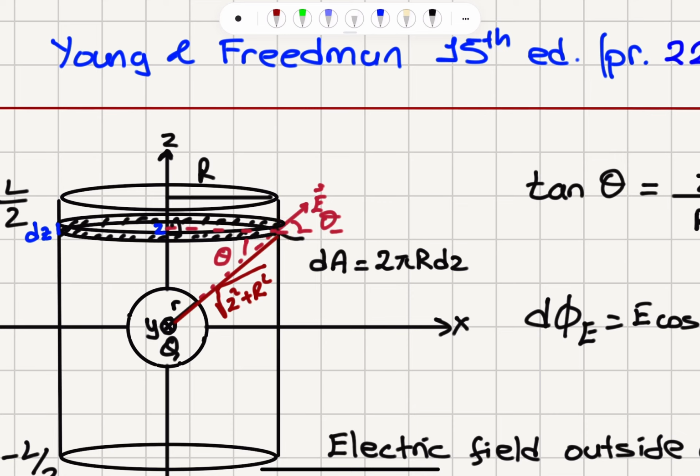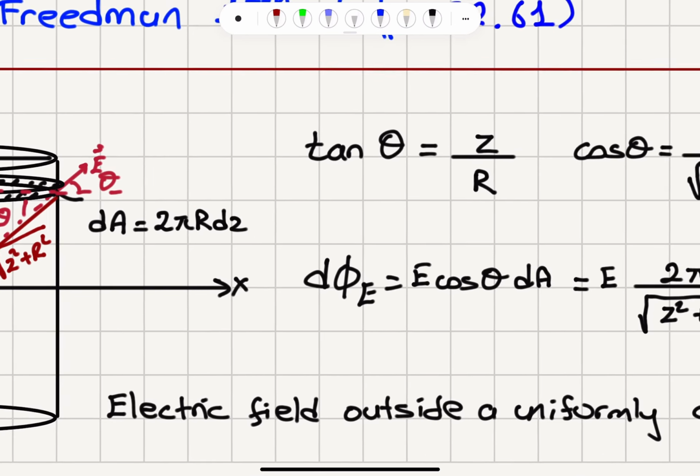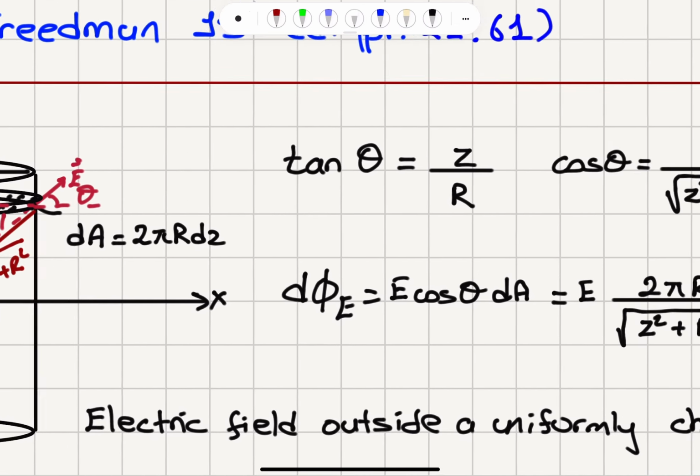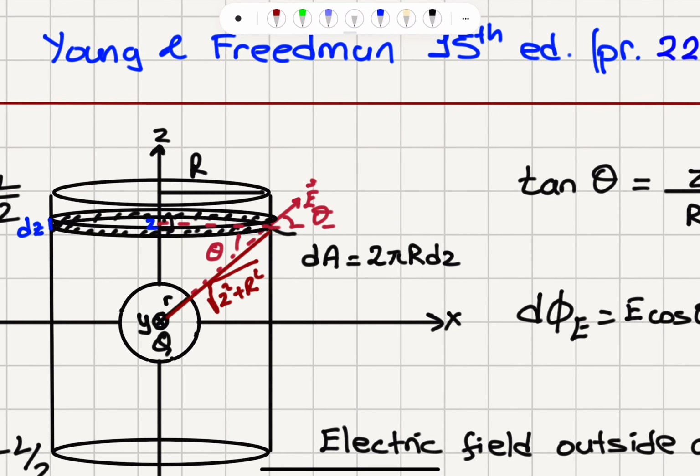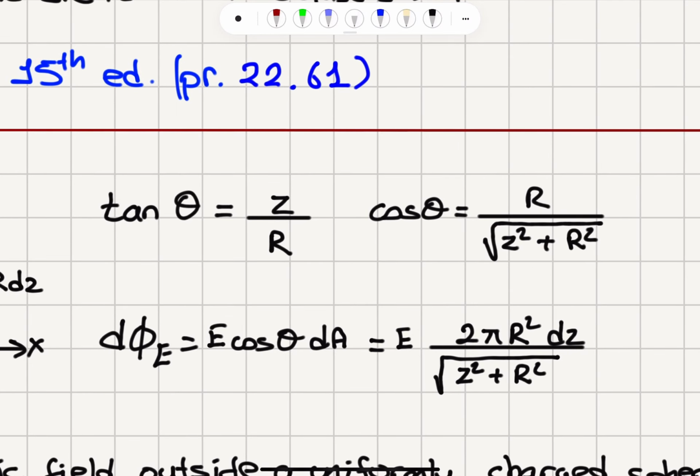So the flux is E cosine θ times dA. And in order to find the angle here, cosine θ, in terms of z, we can look at this right triangle. Cosine θ is capital R divided by the square root of z squared plus R squared.